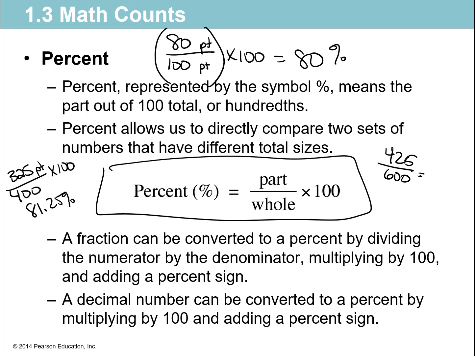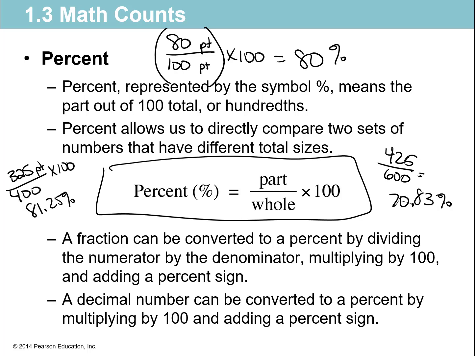Whereas if I looked at 425 divided by 600, I end up with 70.833%. So even though I got more points, it was a bigger test, so it ended up being a lower score.